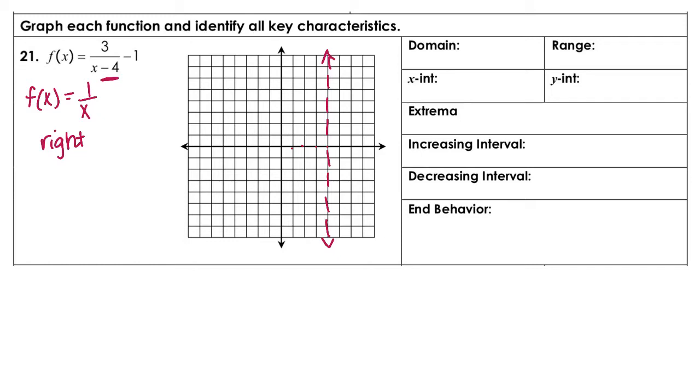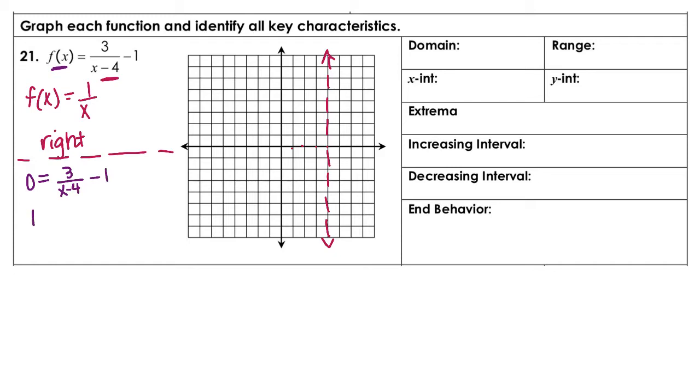And if we want to find out where we cross the x and y axis, remember that we did have either our graphing calculators, or we could go through and do some zero substitutions. So for the first part, I'm going to let my y value be 0. So that means I'm finding the x-intercept. And so I'm going to have 0 equals 3 over x minus 4, minus 1.